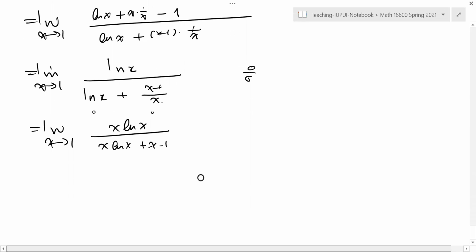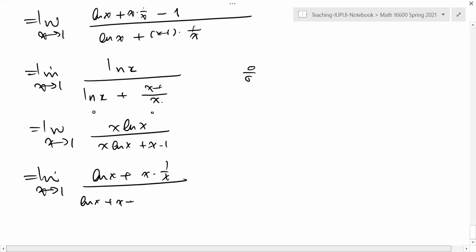So let's differentiate, okay? When you differentiate, you get natural log x plus x times 1 over x. It's the product rule. And here's 1 plus 1. Now you get natural log x plus 1 over natural log x plus 1 plus 1, that is plus 2.